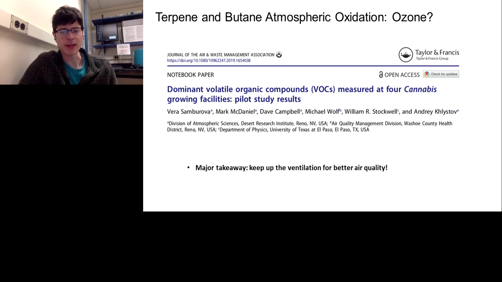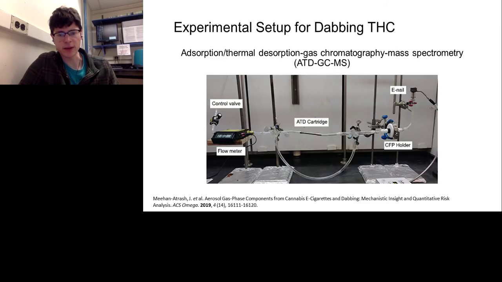One of the major takeaways is that the better the ventilation, the better the air quality. That's something you want to keep in mind, because all those volatile organics, just like the terpenes, are going to make ozone, which might not be good for anyone inhaling it, but it could also further oxidize some components of whatever you have in there.